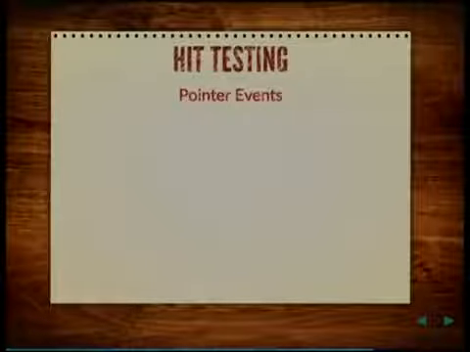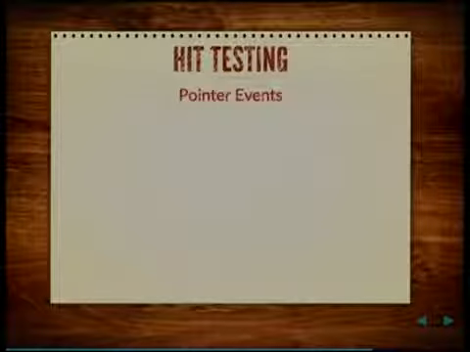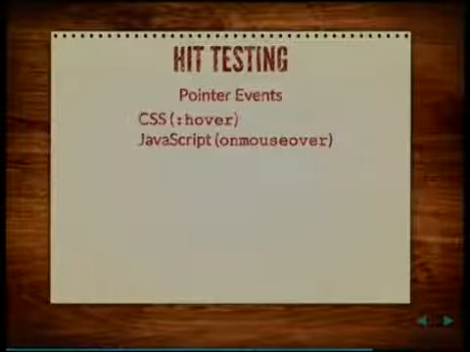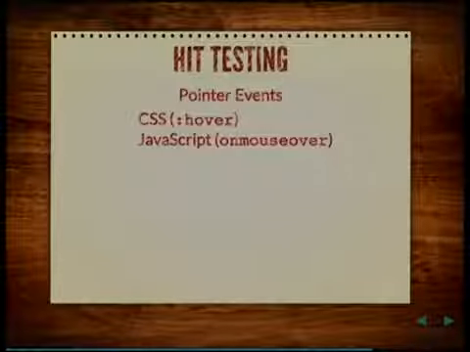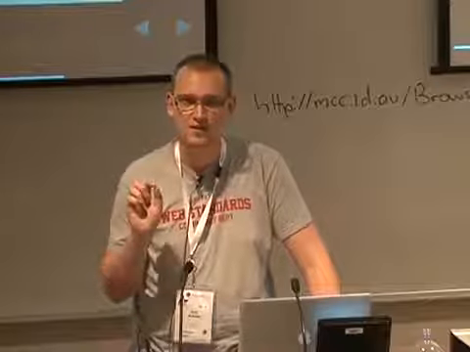So besides paint and layout, there's a third function that is really of interest, and that is hit testing. So sometimes you might have pointer events like hover, or even JavaScript based on mouse over or something like that. And for these, you need to know where the mouse pointer is.